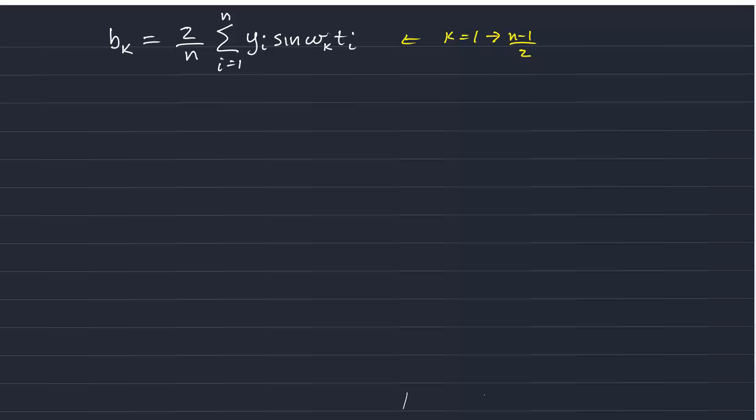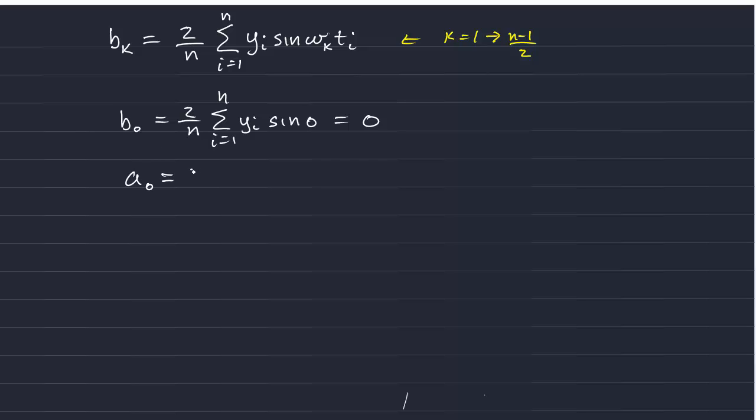Now let's look at the 0th harmonic, b for the 0th sine harmonic. And if we use our same equation, we get yi times sine of 0. And that gives 0. So b0 is 0.